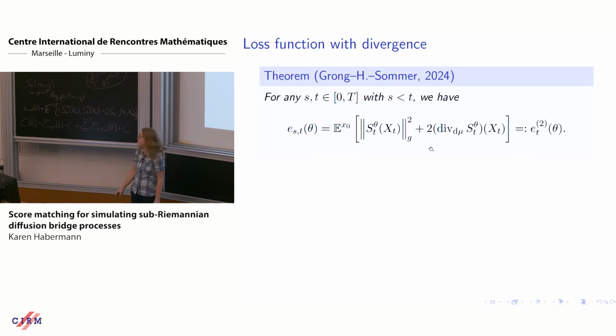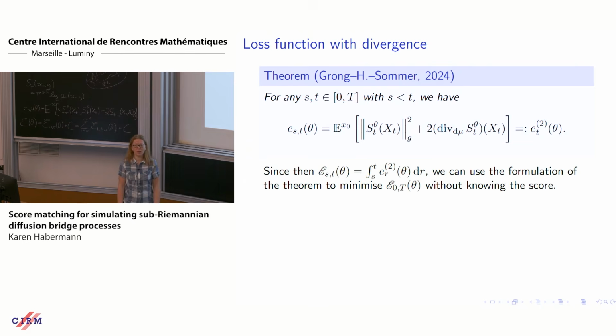So basically there's a flip of sign compared to here just from applying the definition of the divergence. And notably, all of a sudden, this entire thing only depends on the approximated score. So by doing this trick, we lost the entire dependence on the true score. So now we're in business, because this whole thing only depends on our approximated score. And then we can compute this thing, and we can now minimize with respect to that to obtain a good approximation for our true score.